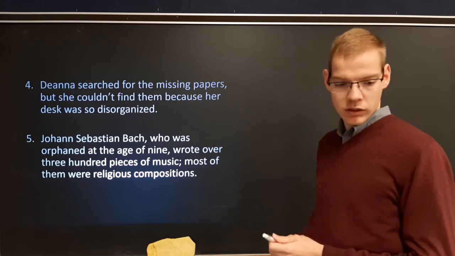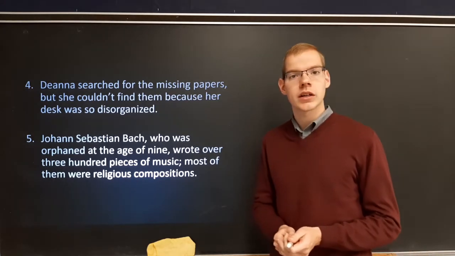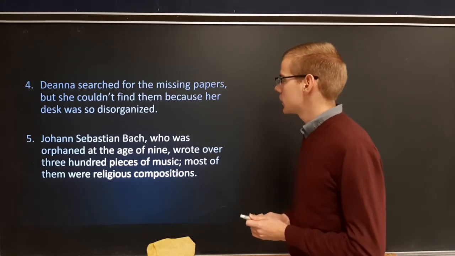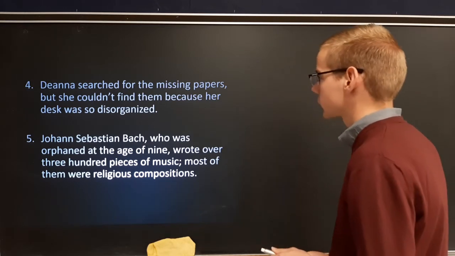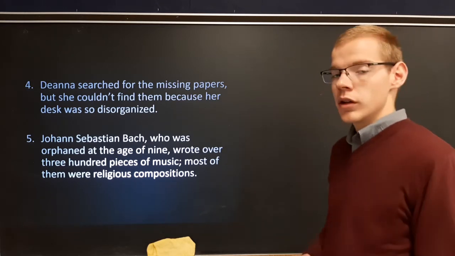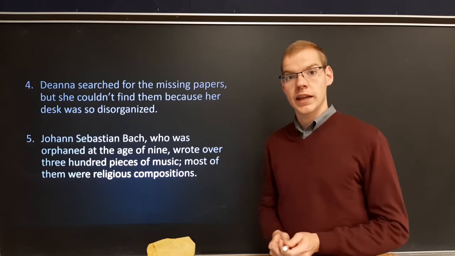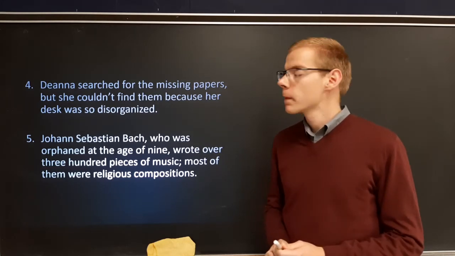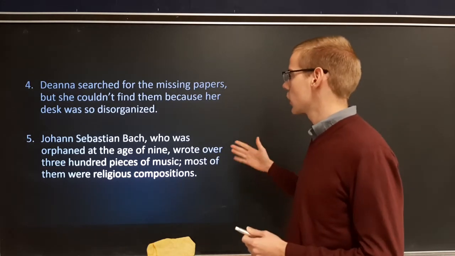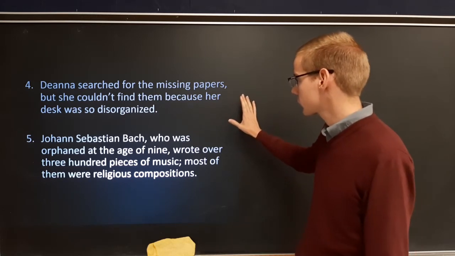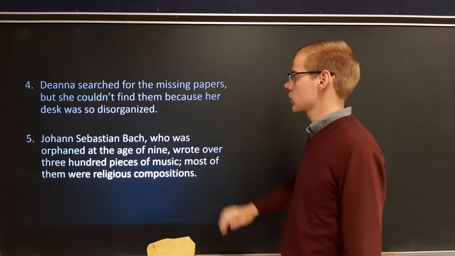Let's find our dependent clauses first. This time we have a subordinating conjunction that starts our dependent clause, which is an adverb clause, right here, "because her desk was so disorganized."